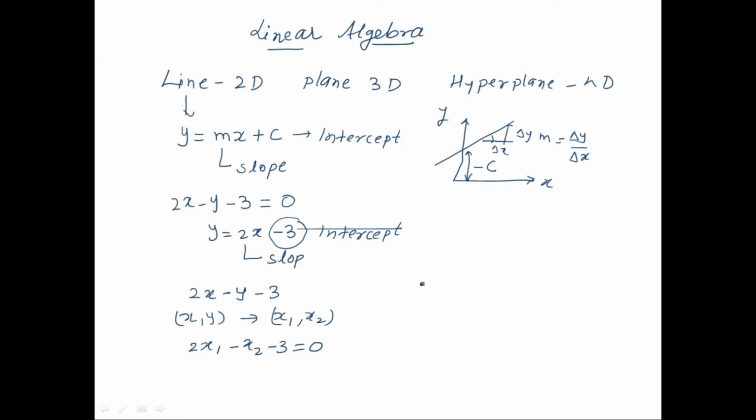The standard form of the equation of a line is w1 x1 plus w2 x2 plus w0 equal to 0. So w0 is the intercept term here, w2 is the coefficient of the x2 axis, and w1 is the coefficient of the x1 axis, or we can say this is a weight vector. So this is the equation of a line.